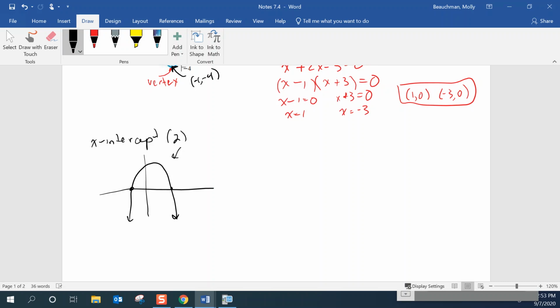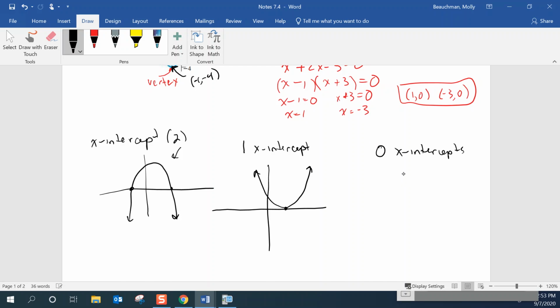Okay, two x-intercepts. Or you can have one x-intercept. Remember, it happened sometimes that we ended up with the same answer twice? If that's the case, then that means the vertex touches right at the x-axis. That's when you have one x-intercept. Or it's possible to have zero x-intercepts.